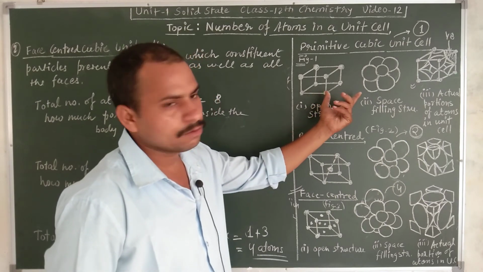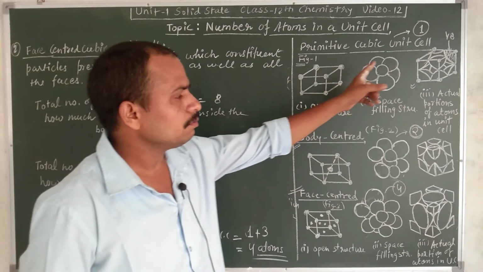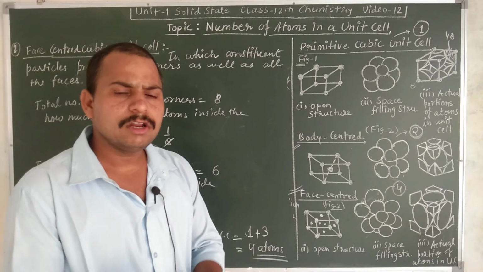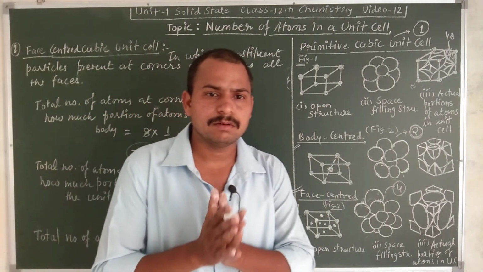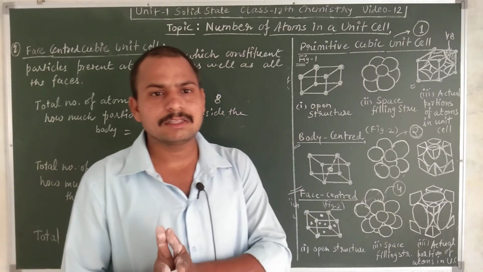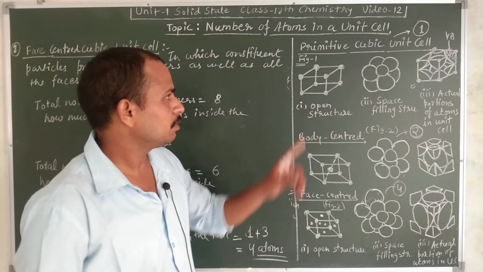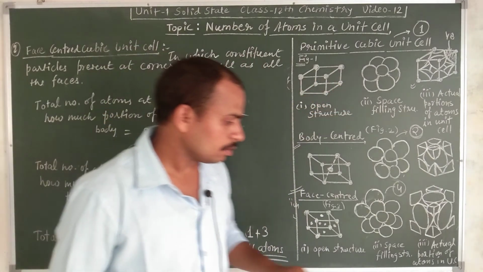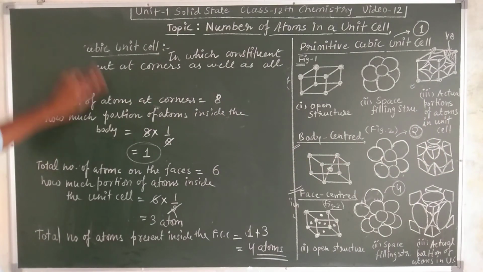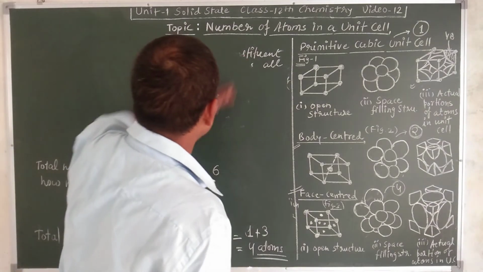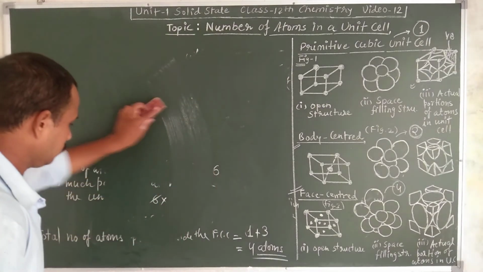And this is primitive cubic unit cell. So number of atoms present at only the corners. So 1 atom present at the corners, with portion 1 upon 8 part of the one atom at each corner. So let's discuss in short all cases.